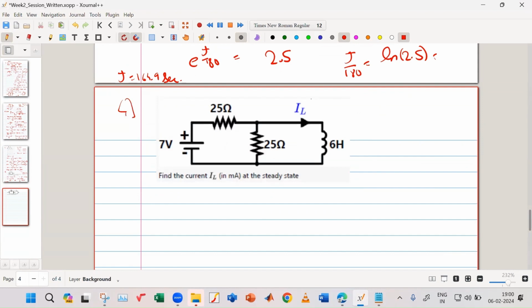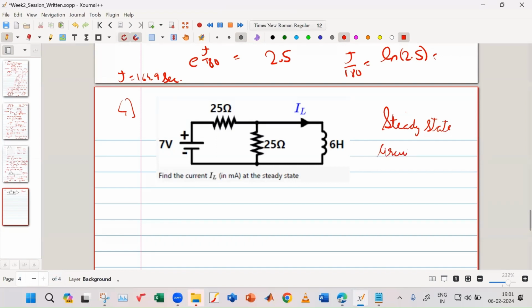They are asking for the current IL in milliampere at steady state. What will be that current? 280 milliampere. How will we do that? In steady state, what will be the network?